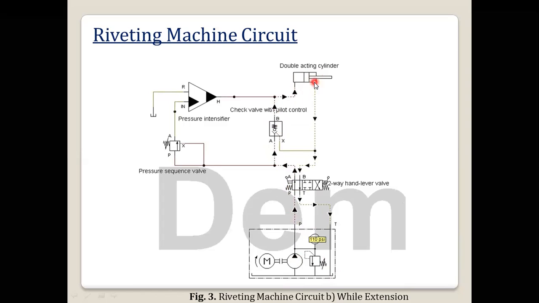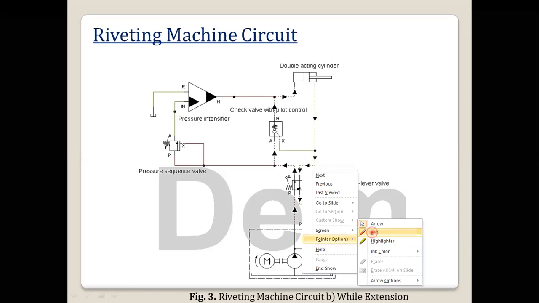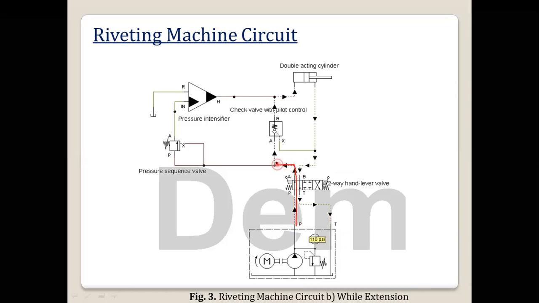From the rod side, oil will flow to port B and to the tank. So you can see the oil flowing through this pilot operated check valve, and the oil from the rod side coming to the tank. This is the extension, the first part of the riveting.